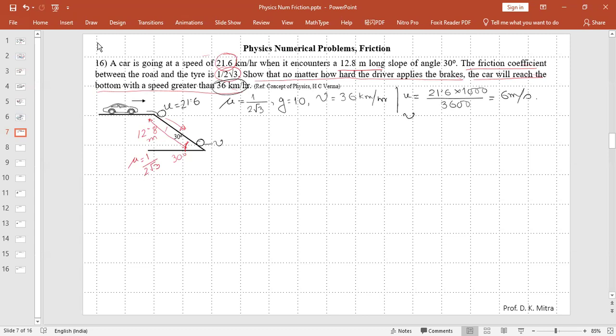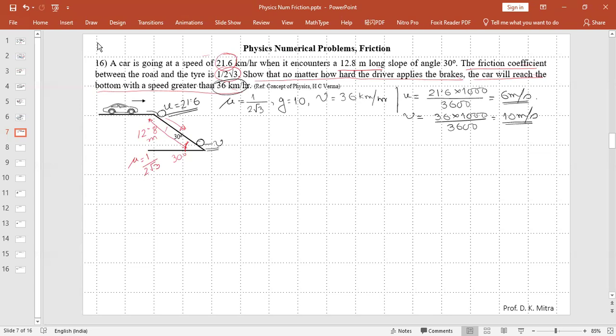And the V is also given, 36 kilometer per hour, which is 36 into 1000 divided by 3600, that is 10 meter per second. So we have both the velocities in the SI system. Initial velocity U is 6 meter per second. Final velocity V is 10 meter per second.